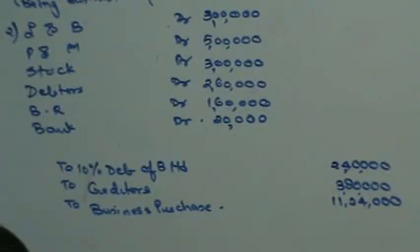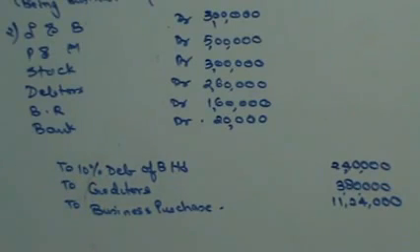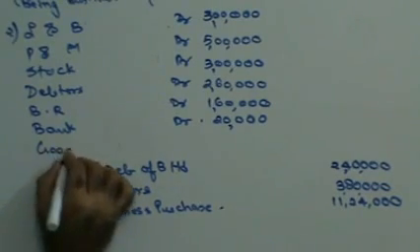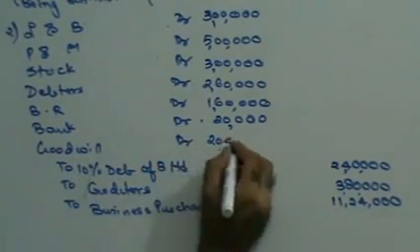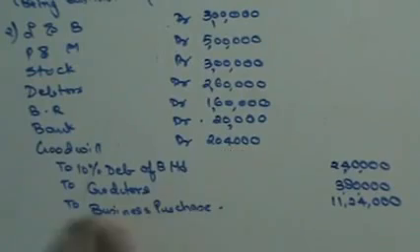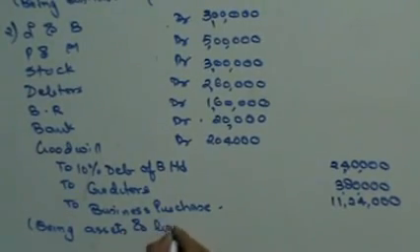The difference is going to be on the debit side in this case, 2,04,000. The difference will be called goodwill, being assets and liabilities taken over.